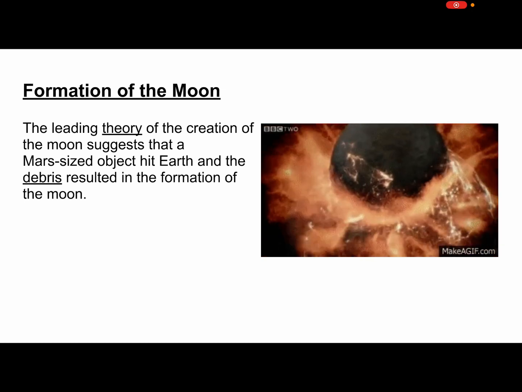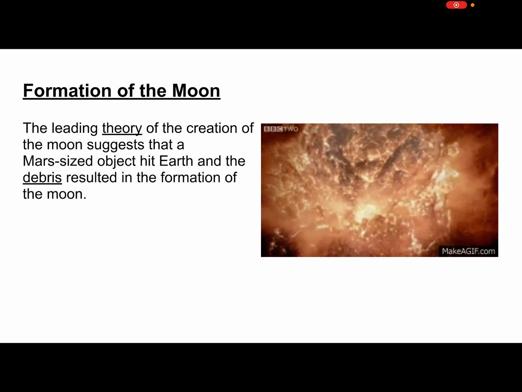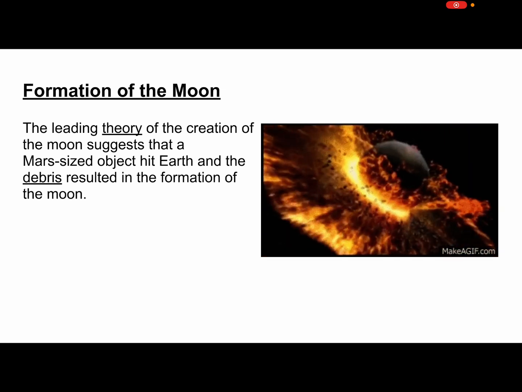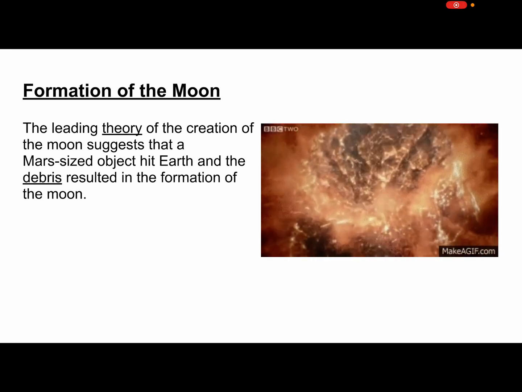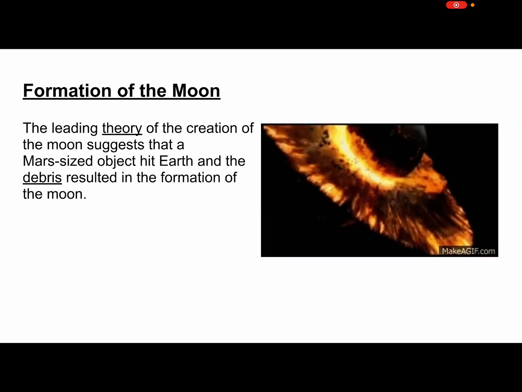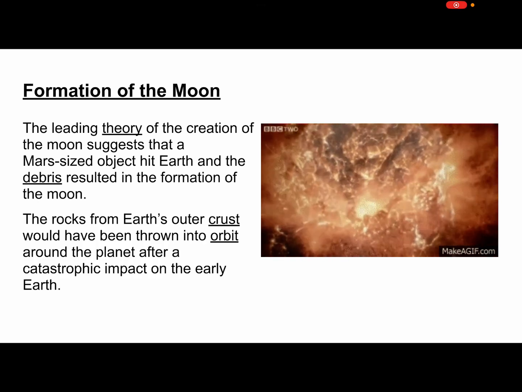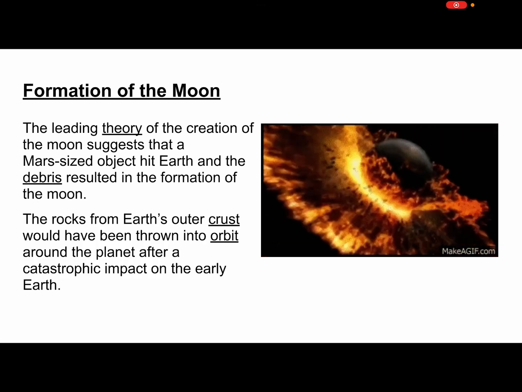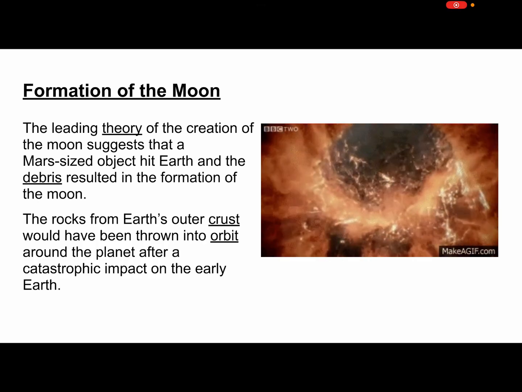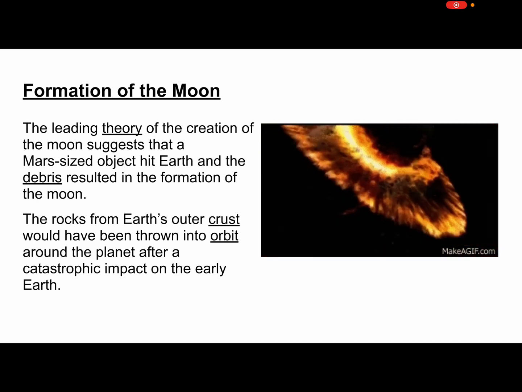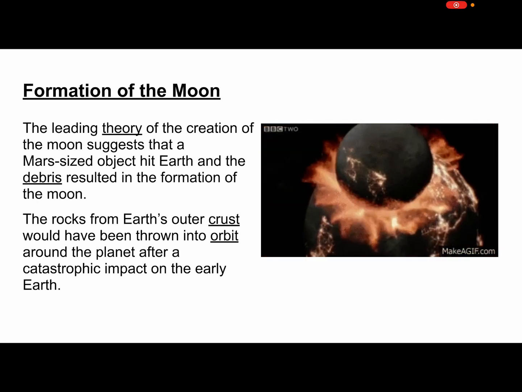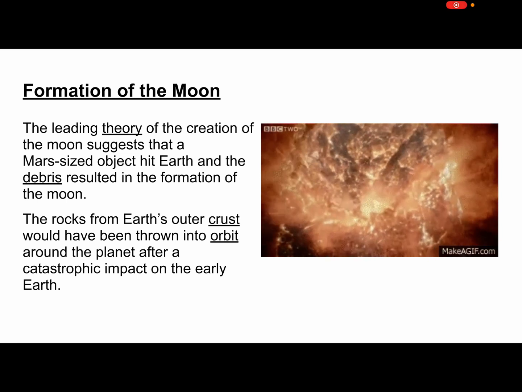So this leading theory suggests that a Mars-sized object hit the Earth, and that debris literally splashed part of the Earth out into space, and it will eventually form into the moon. So the rocks from the Earth's outer crust would have been thrown into orbit around the planet after a catastrophic impact on the early Earth.